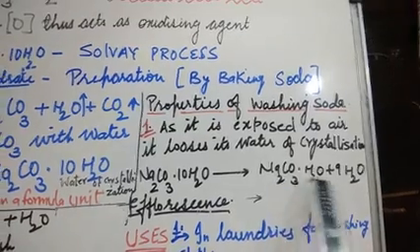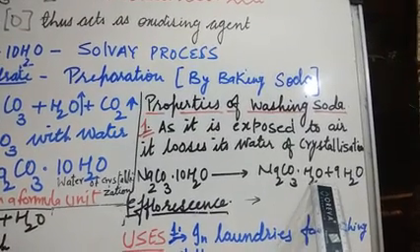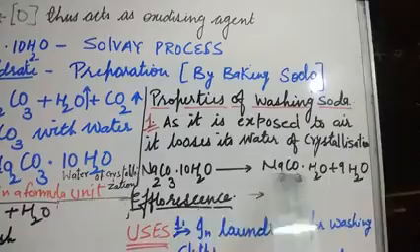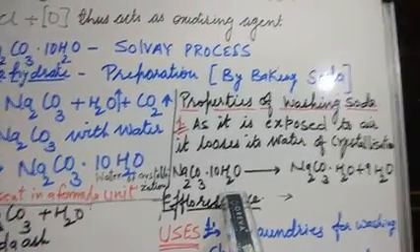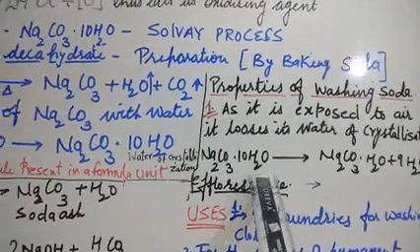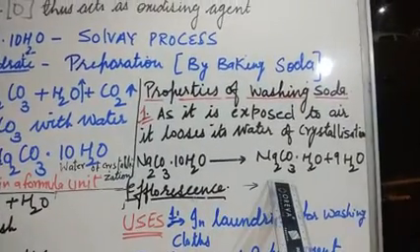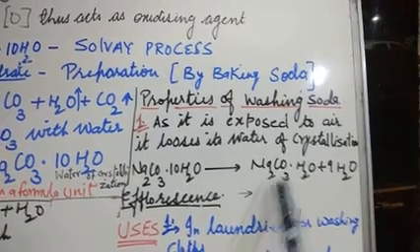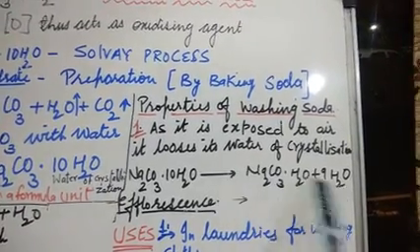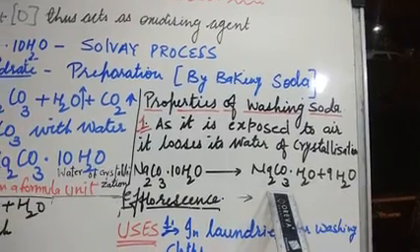Hydrated molecule. So here, since this one H2O is present, this is hydrated. This is also hydrated. मैंने आपको बताया कि एक भी water of crystallization है तो उस molecule को हम क्या बोलते हैं? Hydrated salt. So this Na2CO3 is still hydrated. After the elimination of 9H2O, still it is hydrated.